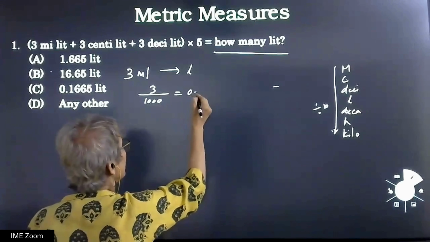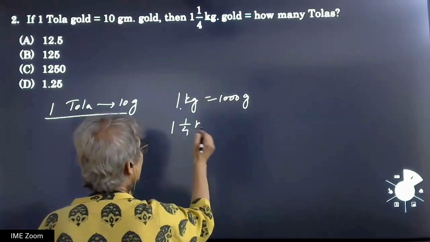Now we have to convert the opposite way. Larger unit is given, and now we have to find out grams. So larger to smaller is multiplication. We have to multiply by 1000. So let us write 1 kg is equal to 1000 grams. 3 steps. Now this is 1 integer 1/4 kg.